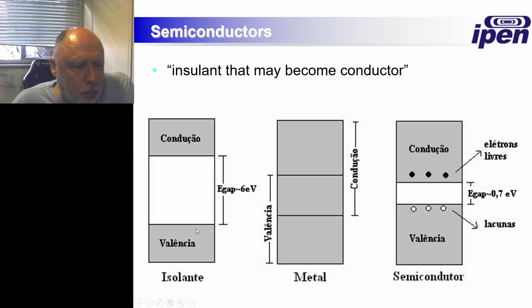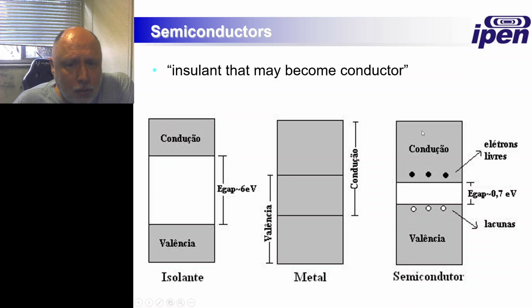So it's very hard to promote an electron from the valence band to the conduction band, and that's why it is an insulator, right? You do not have free electrons. In a metal or conductor, it's the opposite. The valence band and the conduction band overlap, and so there are quite a lot of electrons here which are free. So if you put some potential here, they can go wherever they want.